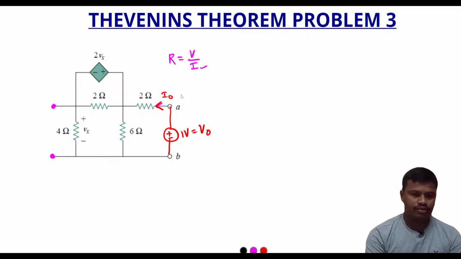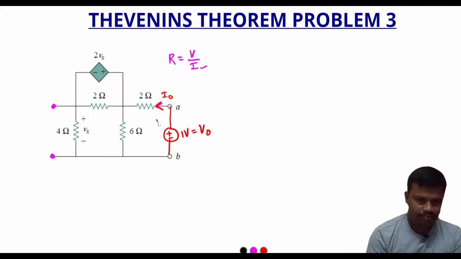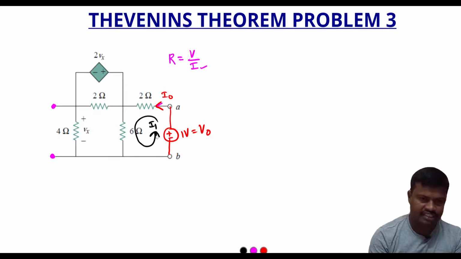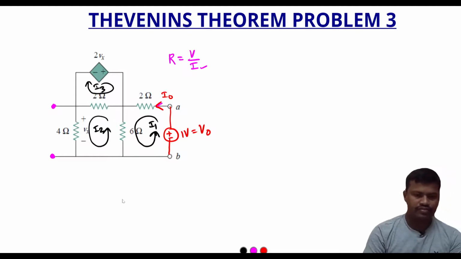To apply mesh analysis, we will mark the loop currents. Let us say this is the first loop and the loop current is I1, and the direction is shown in the figure, and this is loop 2, the loop current is I2, and this is loop current I3, with directions shown in the figure.